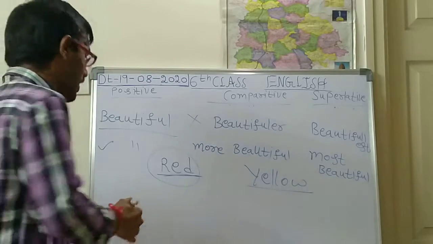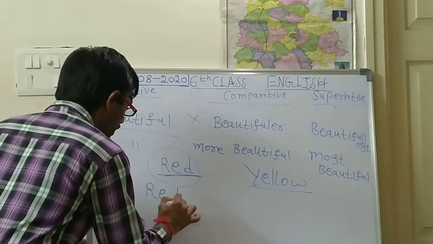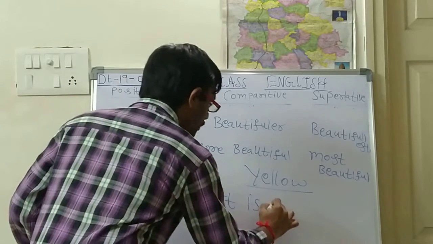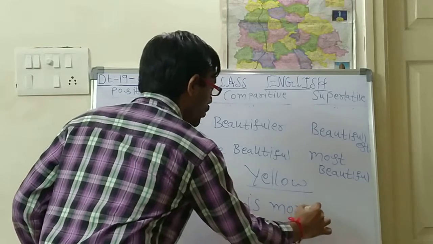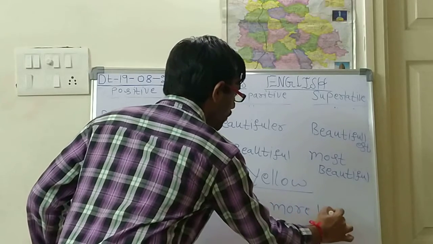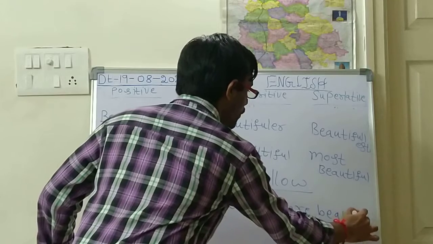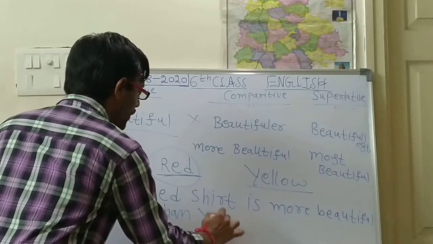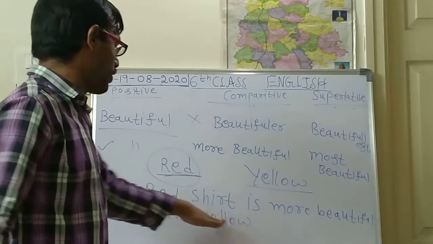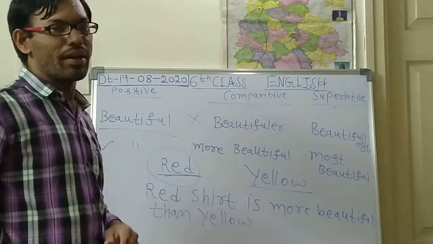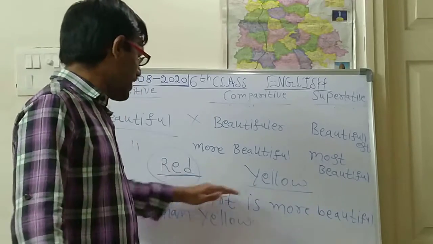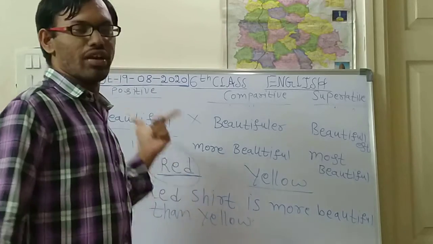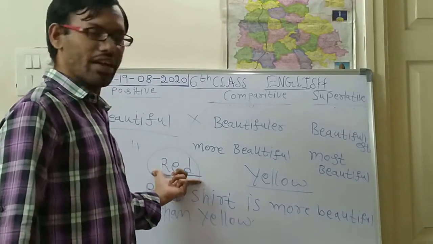At that time, what will you say? Red shirt is more beautiful than yellow. In your mind, you don't have red shirts, so you will take the red color shirt only.